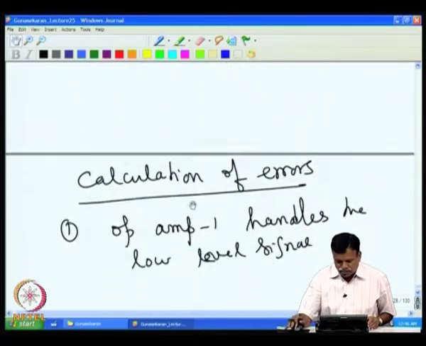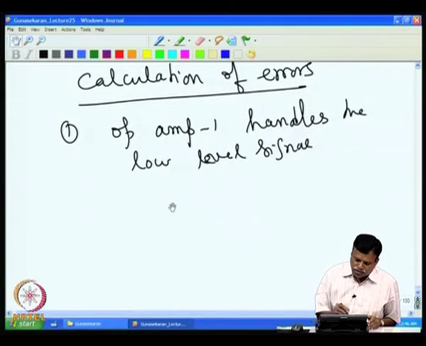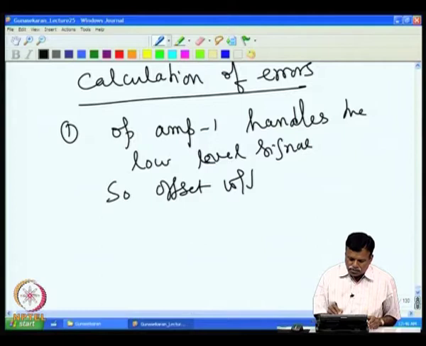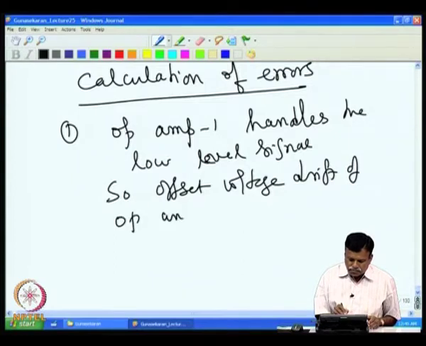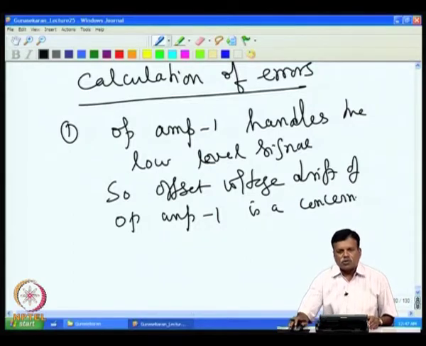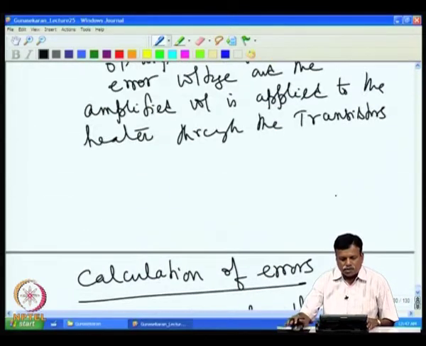So, offset voltage drift of op amp 1 is a concern, because here we should use a low offset voltage drift op amp.